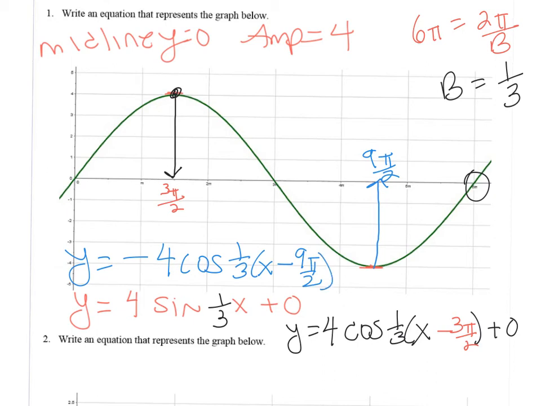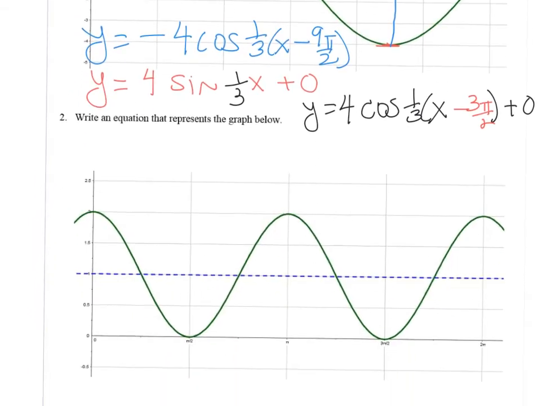I personally prefer, instead of doing a reflection and a horizontal shift, would rather do a maximum so that there's no reflection and take into account the horizontal shift.